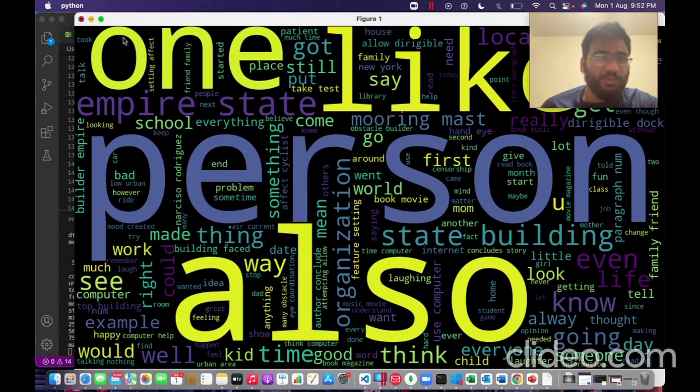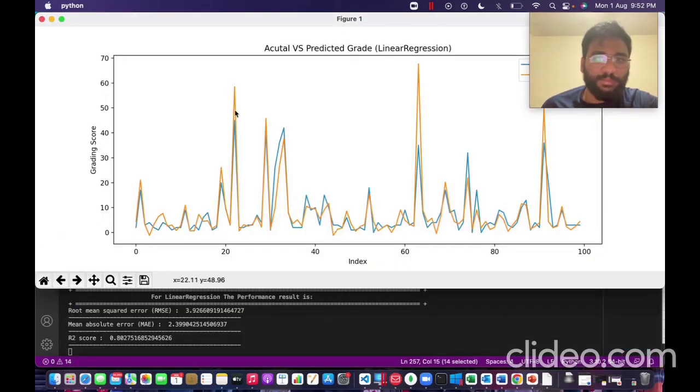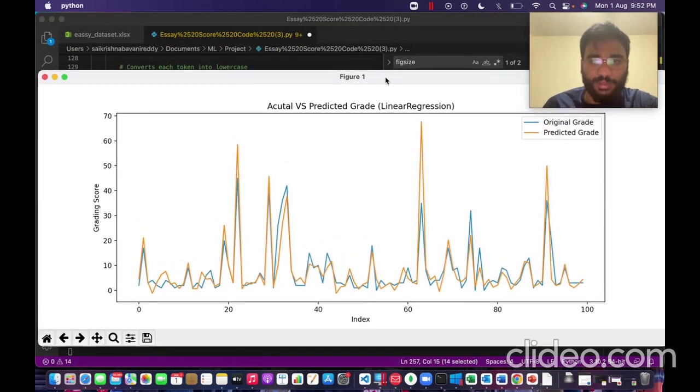Now by passing these words into the linear regression, we got the grading.